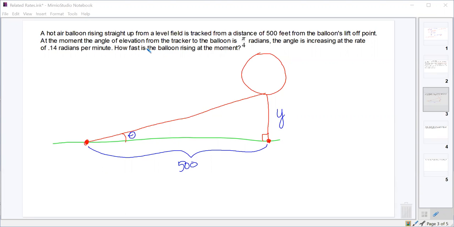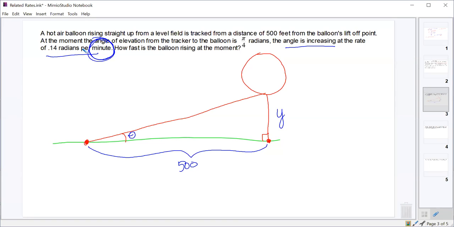All right. So then let's think about what we know about the changing thing. So we know that the angle is increasing, right? It says that. The angle is increasing at a rate of 0.14 radians per minute. So that would be how the angle changes with respect to time, minutes being a measurement of time.